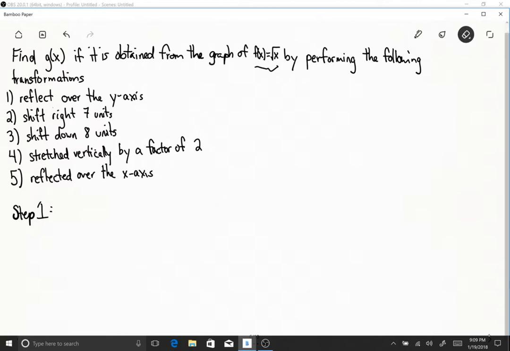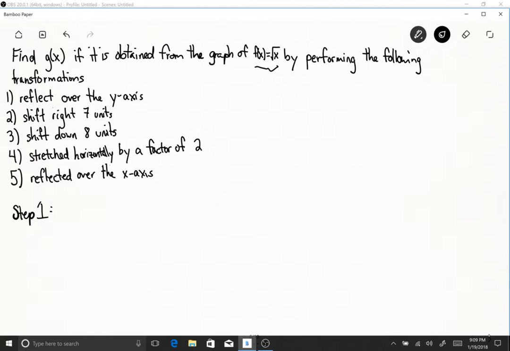I already did a vertical one, so you saw how that happened on the outside. Stretched horizontally by a factor of 2. No, I guess it doesn't matter either way.